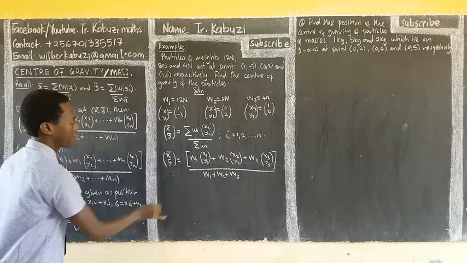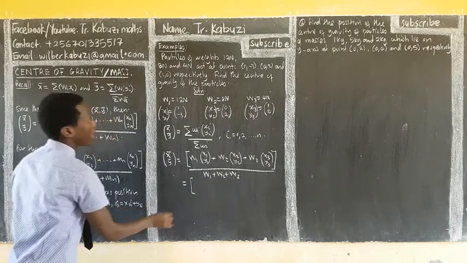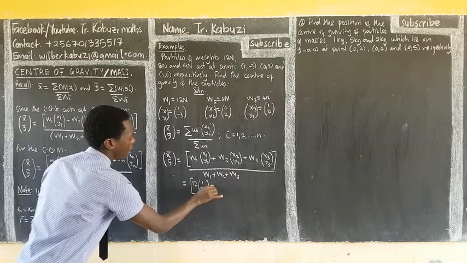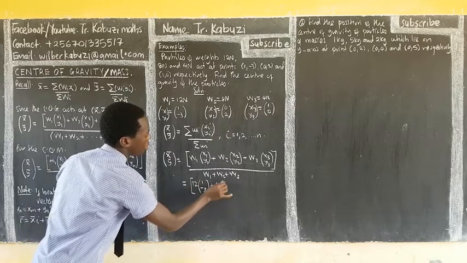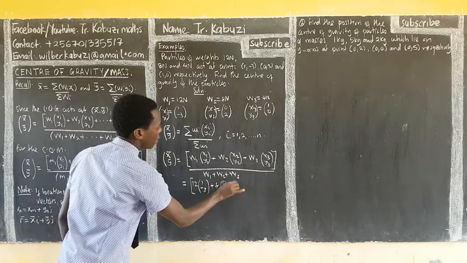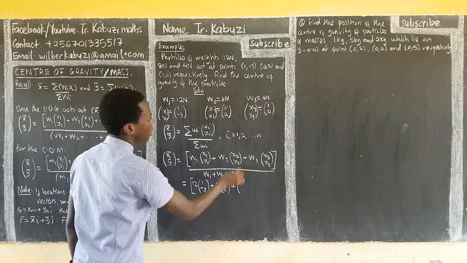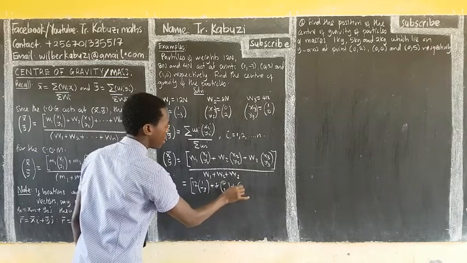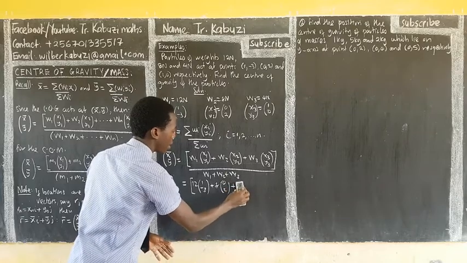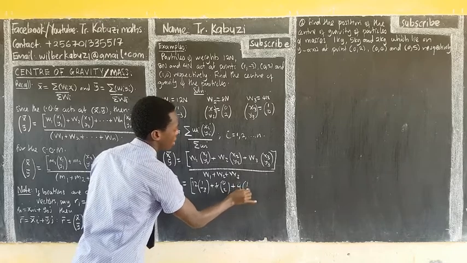Substituting them there, we are going to have the first weight 12 into (1, -3), plus 8 into (0, 2), then plus our 4 into (1, 0).